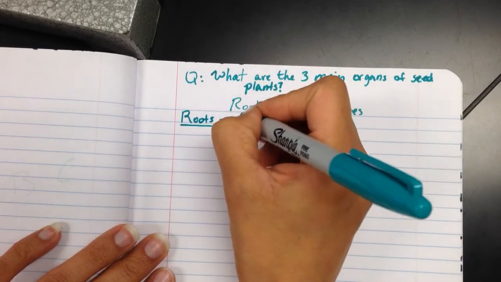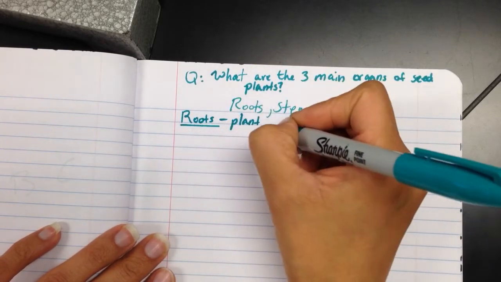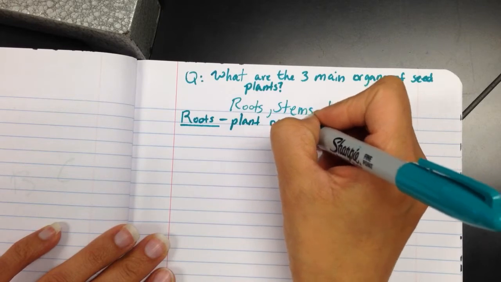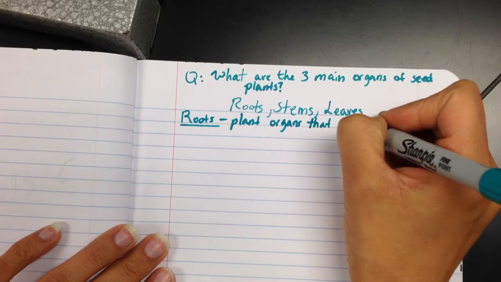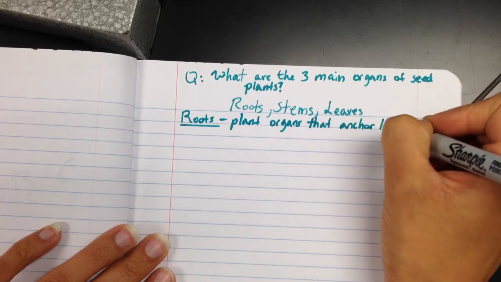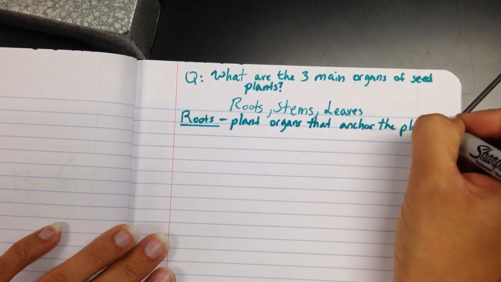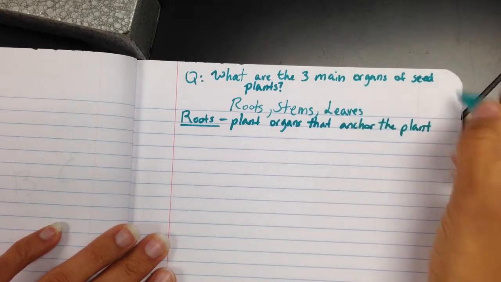Roots are plant organs that anchor or hold down the plant to the ground.